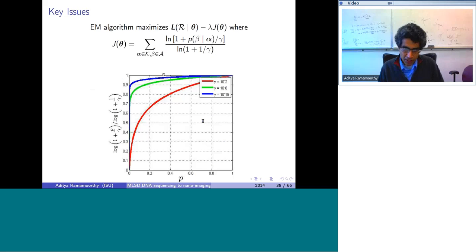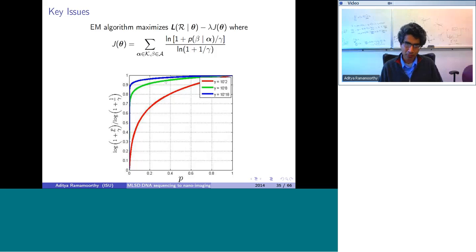I've just done a MATLAB plot of one of these terms. This is a plot of this particular function for different values of p and different values of gamma. For instance, if gamma is 10 to the power of negative 18, it is almost looking like an L0 objective function.